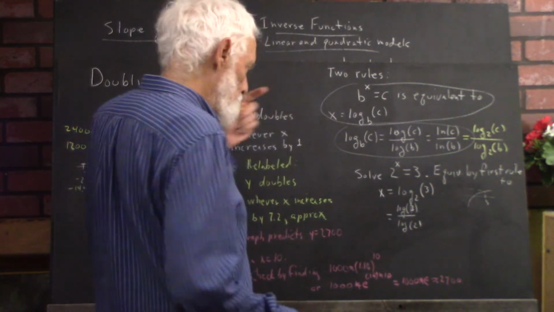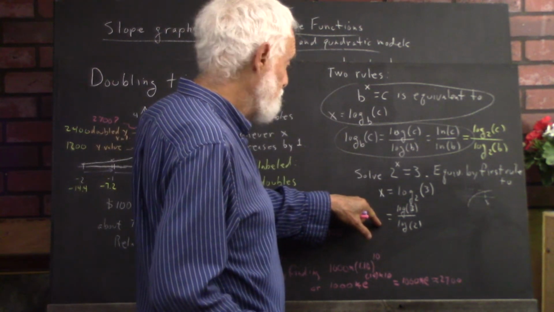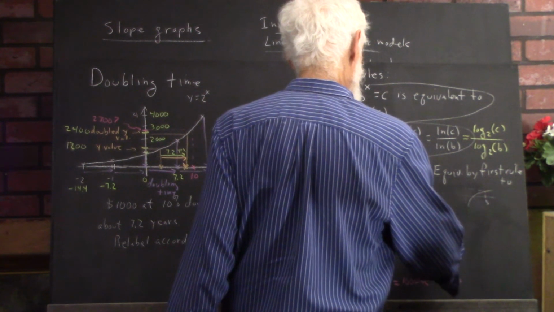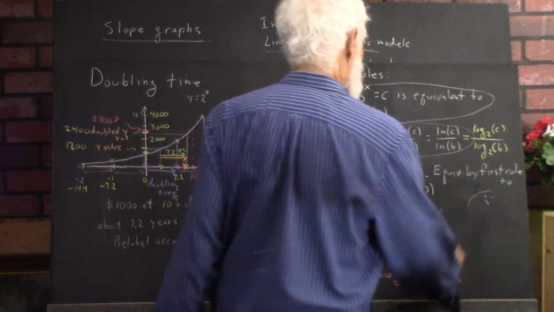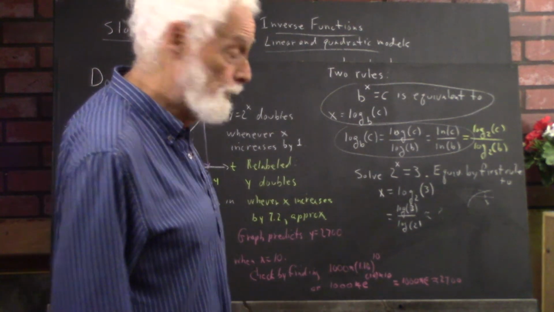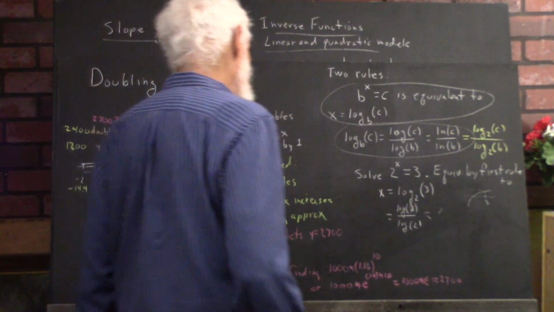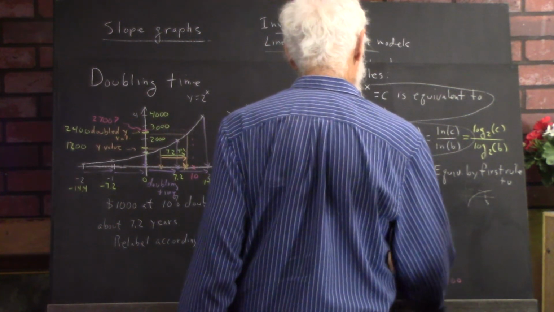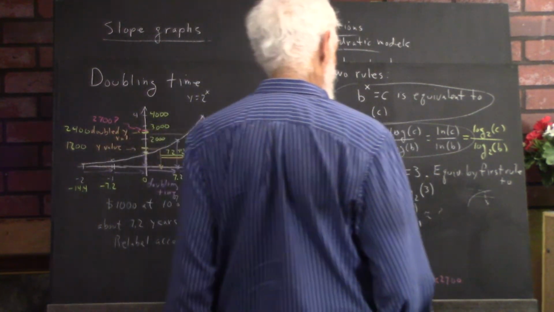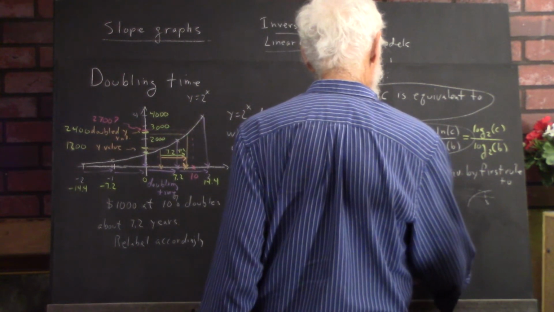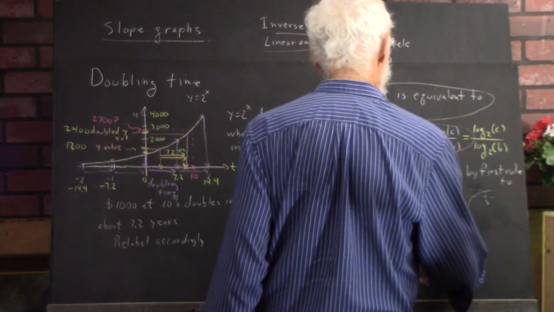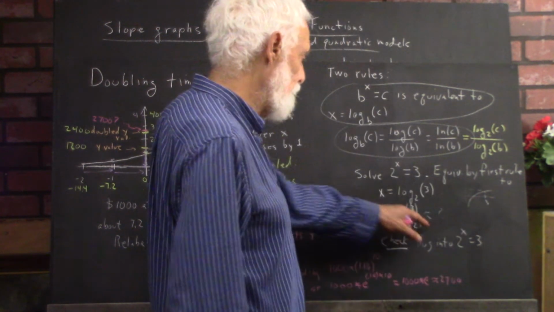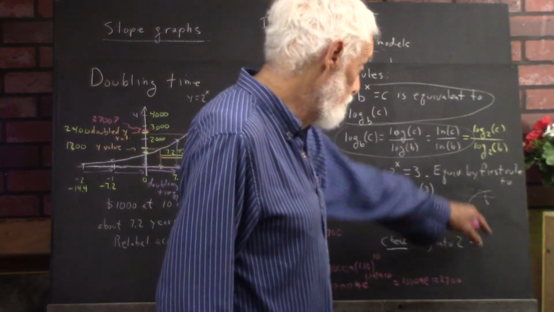But just after the solution, there it is. You can take your calculator and work that out. I'm going to ask you to do that for homework. And then check. Plug your value of x into the equation 2 to the x equals 3, and use your calculator to see if it comes out.